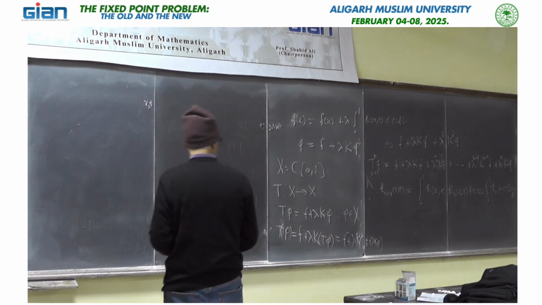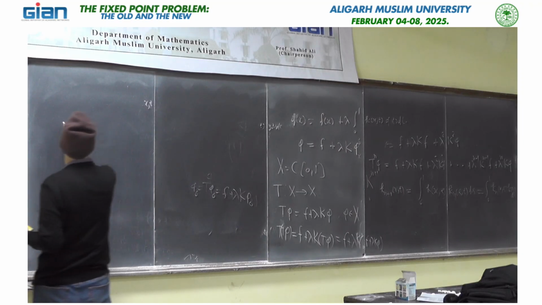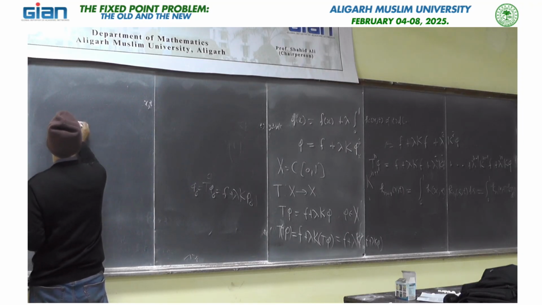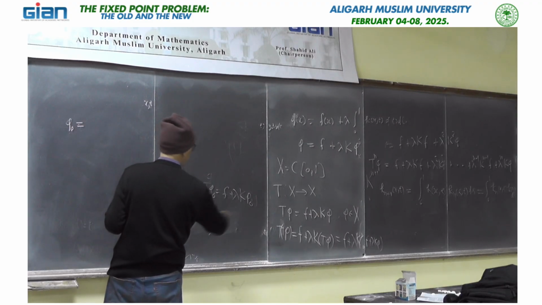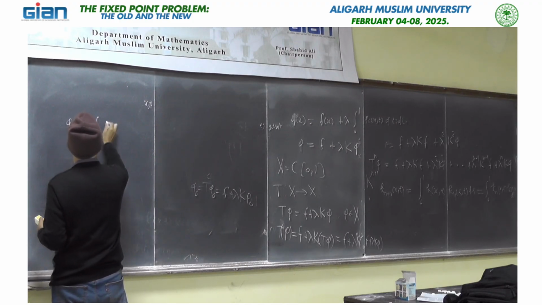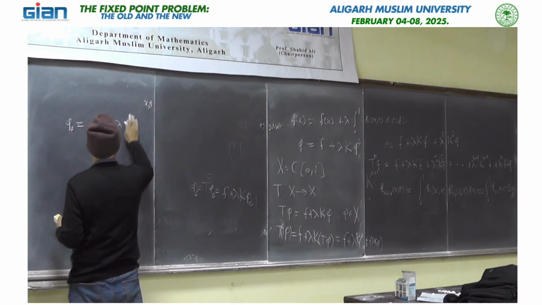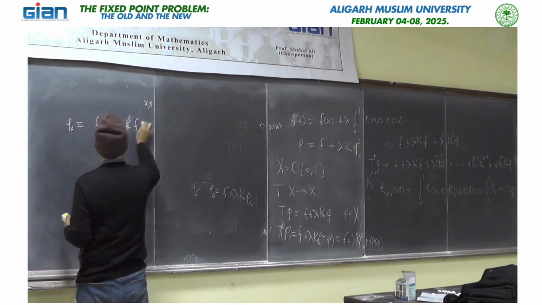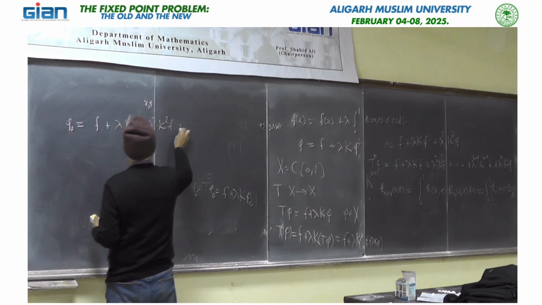So let us see what we are getting. In case it is ensured that we get such a phi 0, then phi 0 is f plus lambda K f plus lambda square K square f and so on.